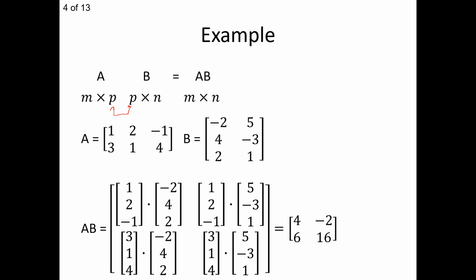If they are not the same, then we are not allowed to form the product. So if A is an m by p matrix and B is a p by n matrix, we can form the product AB, which forms a matrix C that is m by n.